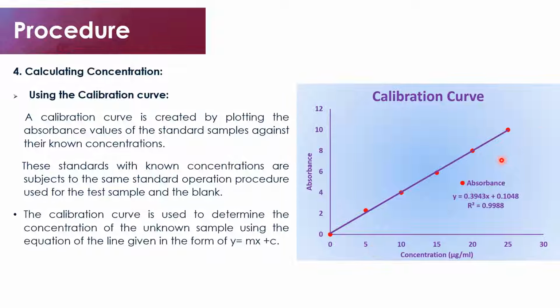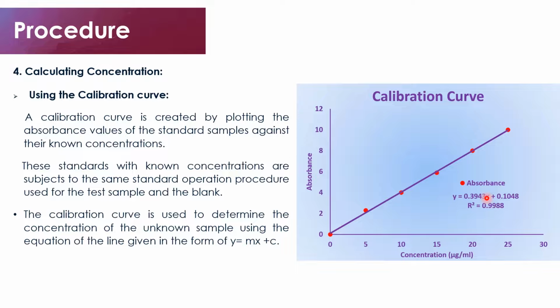As you can see from this calibration curve, the equation of the line is y = 0.3943x + 0.1048, where y is the absorbance values, 0.3943 is the slope, x is the concentrations on the x-axis, and 0.1048 is the intercept on the y-axis.